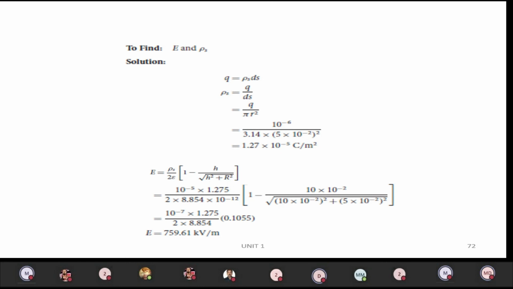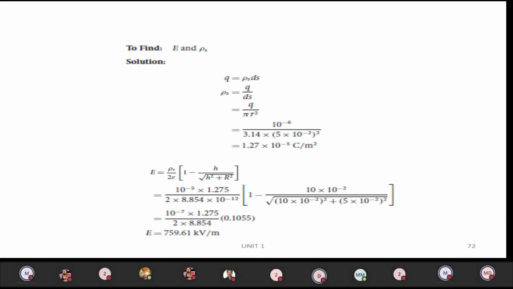Then substitute that rho s value here, and epsilon value is also 8.854 into 10 power minus 12. So you can apply the electric field formula here. You will get 79.61 kilovolt per meter. So this is the electric field intensity.